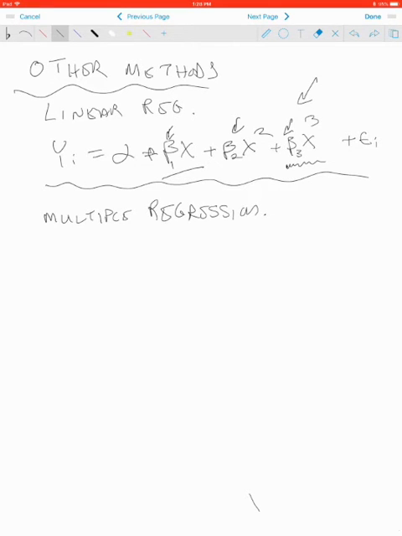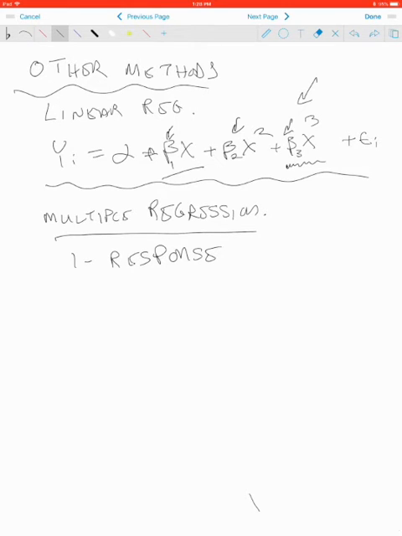So in multiple regression, we have one response variable, just as we have in simple linear regression. So there's just one response variable. It might be growth rate of frogs, let's say. And instead of trying to predict it by one explanatory variable, you might have two or more.